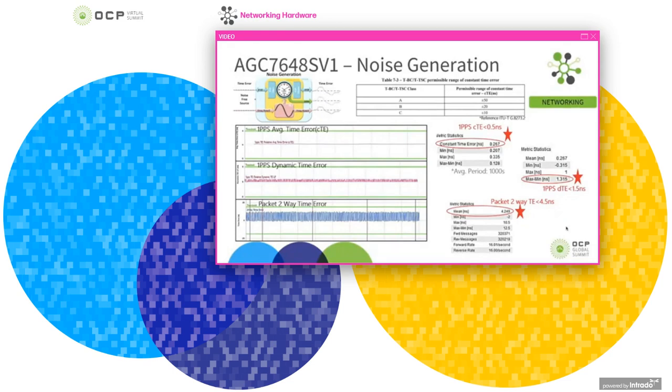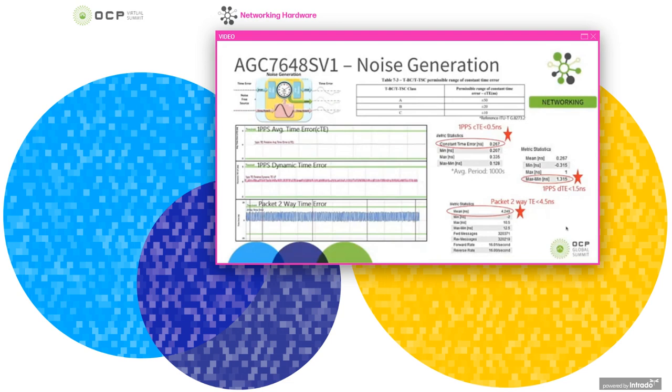As you can see here, on this page we use our switch AGC7648SV1 to test noise generation. You can see the result for the 1 pps. It is very stable when we receive a noise-free source. And also there is the packet two-way time error.